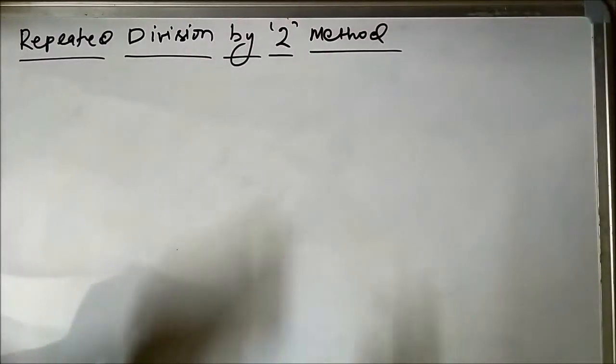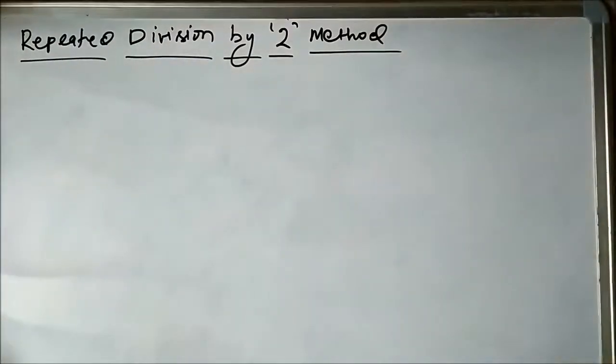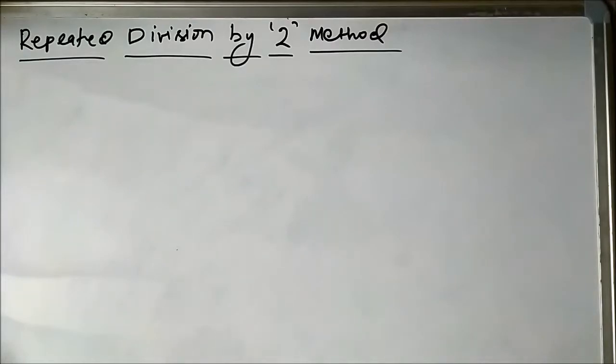So here we will discuss the second method of converting a decimal number into binary form, which is the repeated division by 2 method.